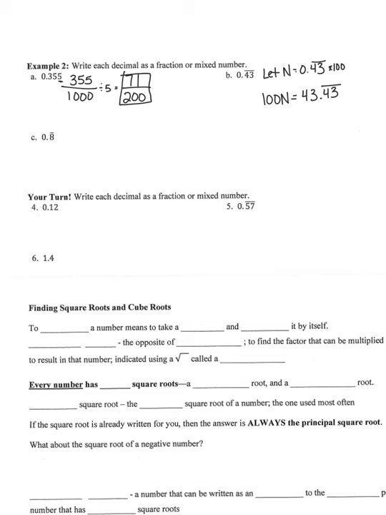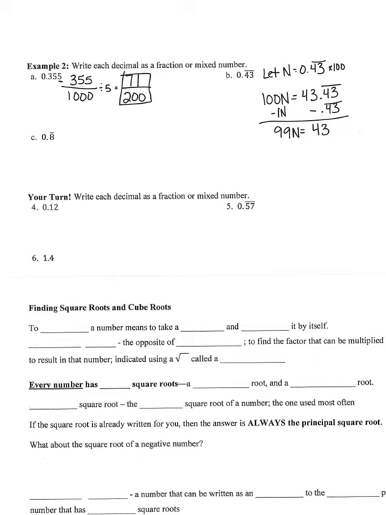So I'm going to take away 1n, and I'm going to take away the value of 1n, or n, which is 0.43 repeating, from this side. So 100n minus 1n is 99n. And on this side, 43.43 repeating minus 0.43 repeating is just 43.